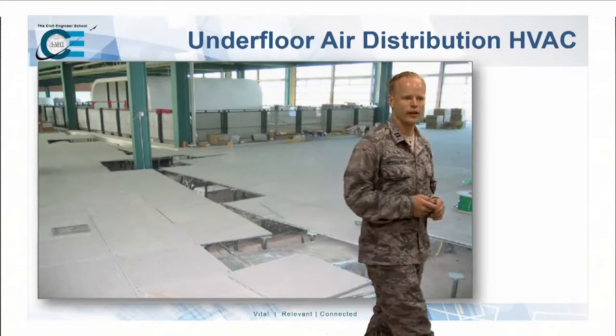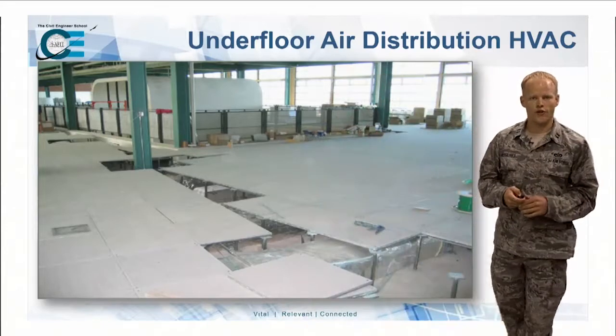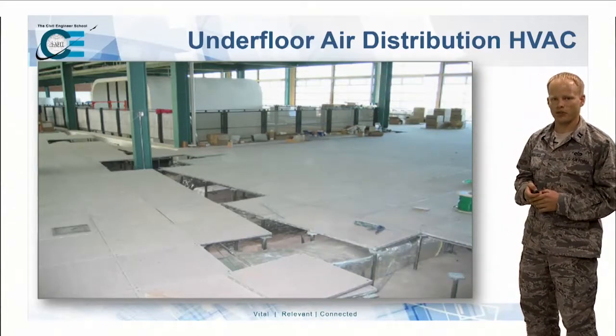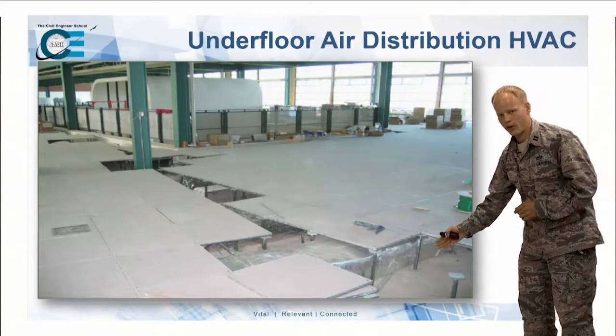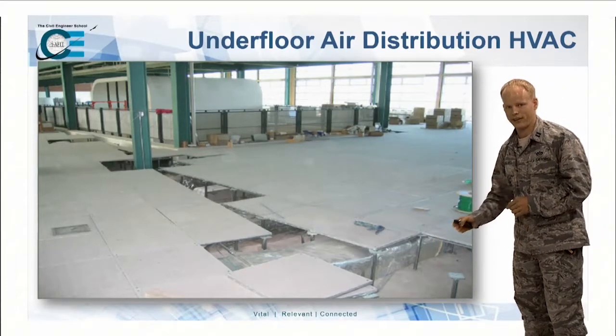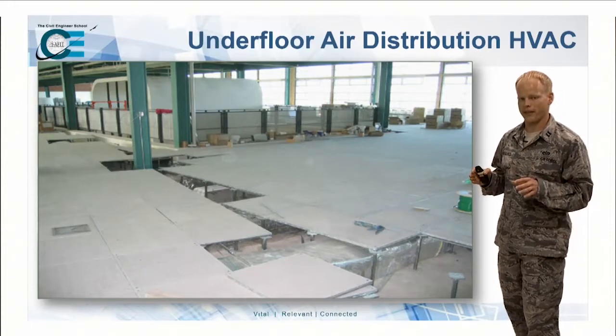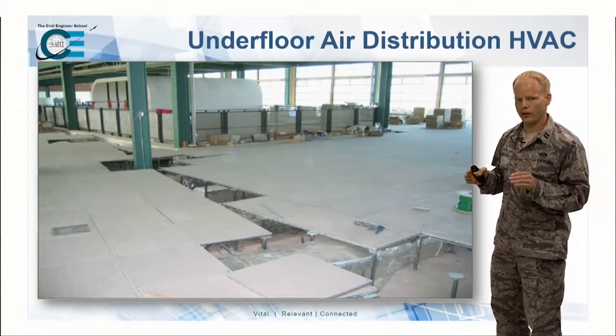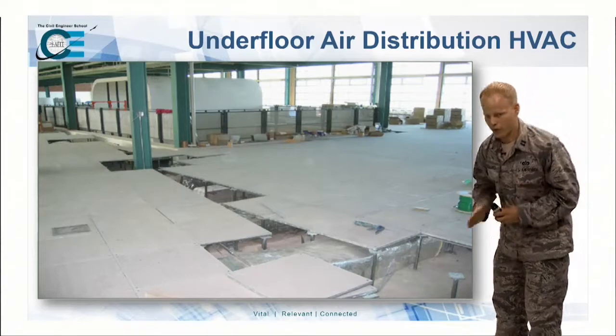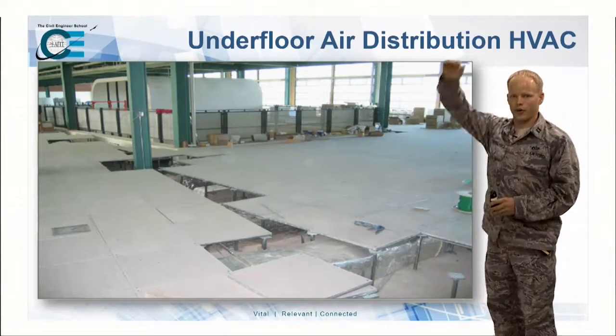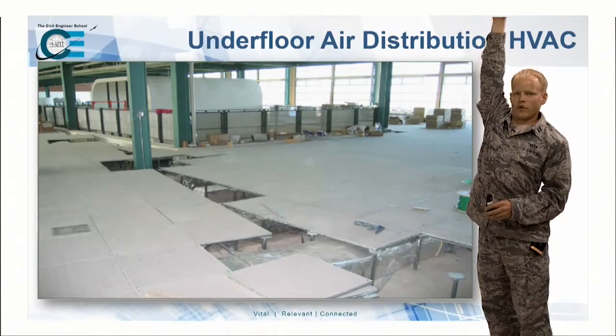So what we have here is a UFAD system, underfloor air distribution. And you can see here a raised floor with ducting underneath it. But what this does is the design premise to this is we are going to cool the air from the ground all the way to about here, or maybe a little bit higher.